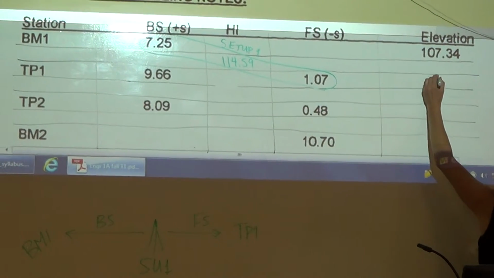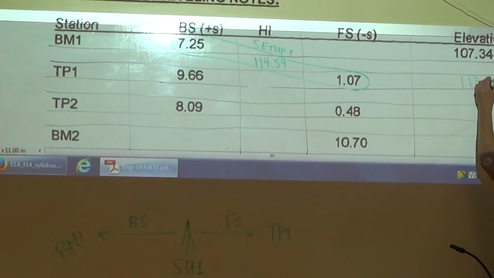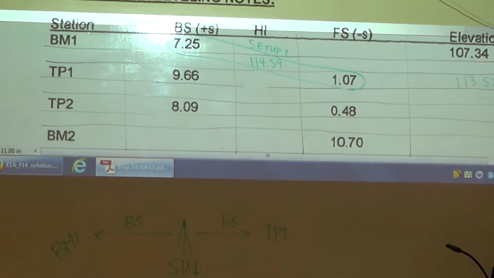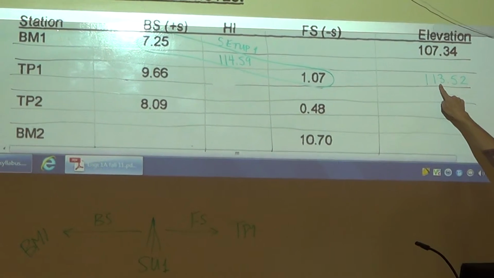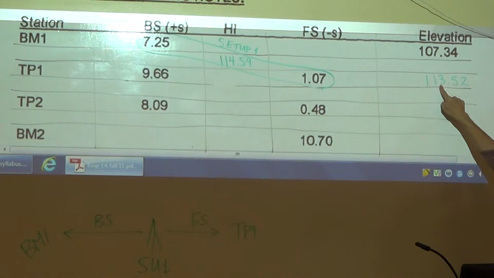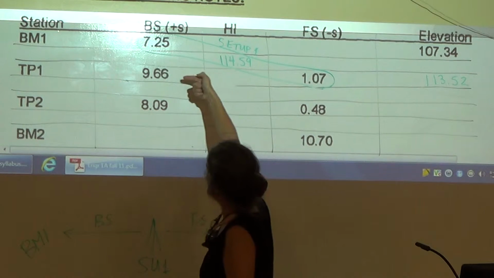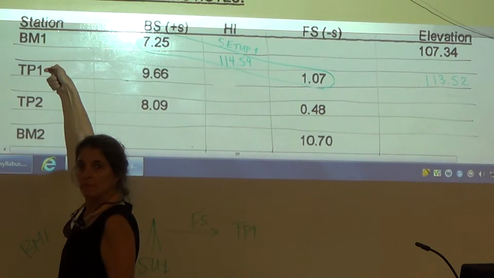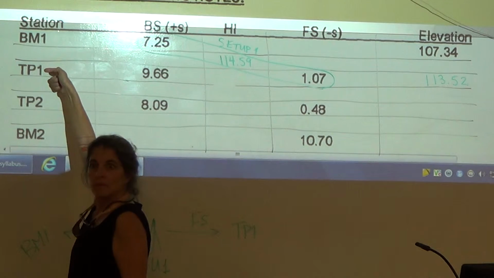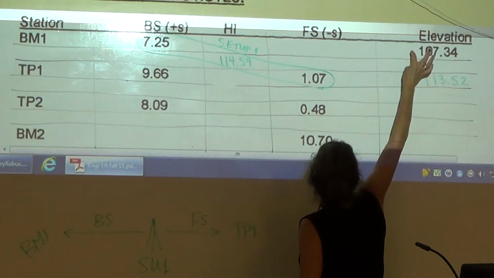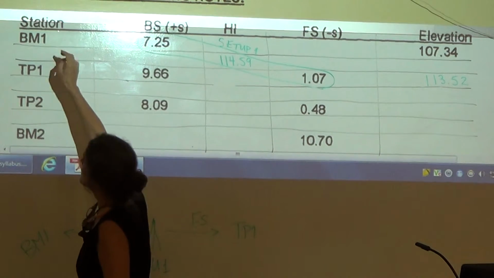I get 113.52. And what number is that? That's the elevation of turning point 1. So does it make sense that it's on the line of TP1? Just like this was the elevation of the benchmark.